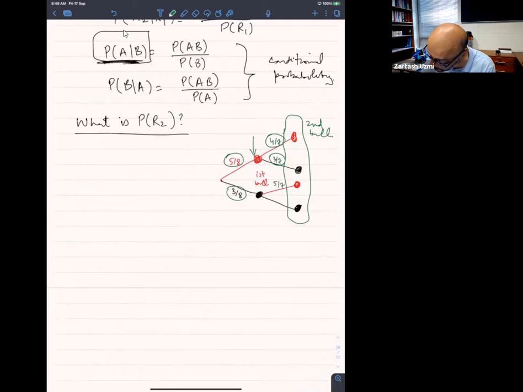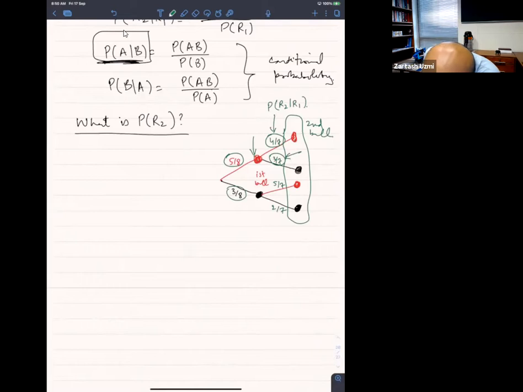Is 5/7, and this is going to be 2/7. And this is the probability that second ball is red given that the first ball was red. This is the probability that second ball is black given that the first ball was red.